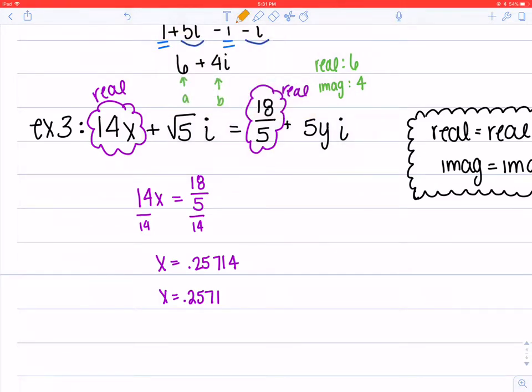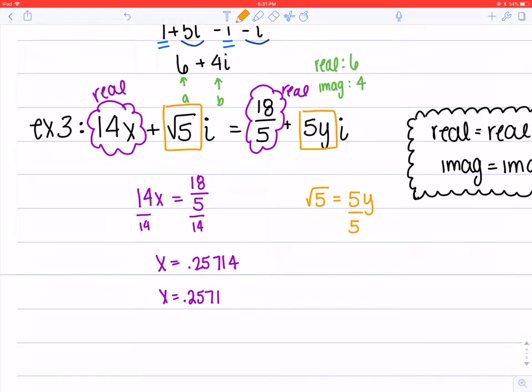To find y, you set the imaginary parts equal. And again, the imaginary part is everything in front of the i. So I have the square root of 5 equals 5y.